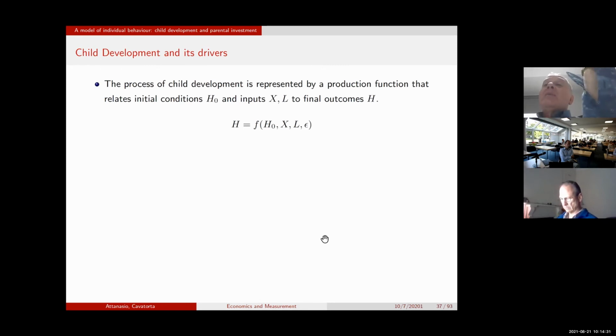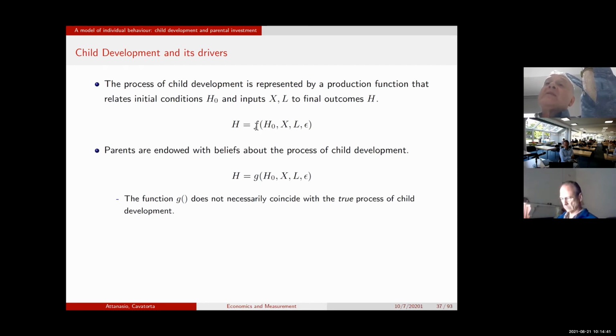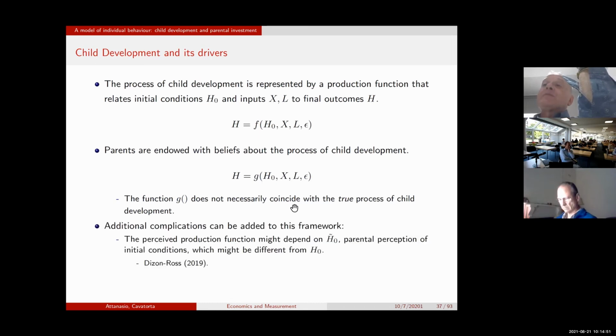Now, the process of child development enters through this production function, F. Now, the parents don't know F, but they think that F is like G. So this is the perceived production function. And you can have different complications. You can have that the perceived production function depends on the perceived initial condition, or the initial state of development of the child.